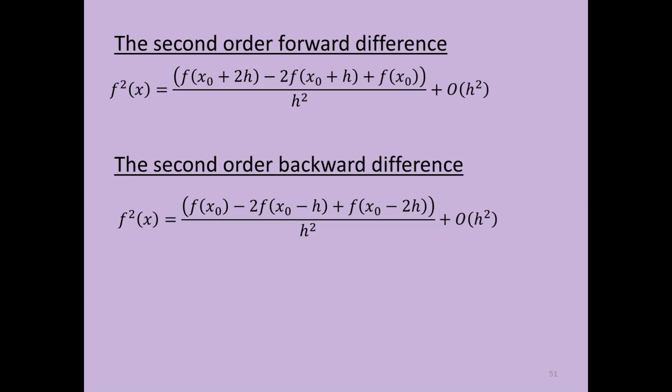In the backward approximation at a location x naught, the other two terms are at x naught minus h and x naught minus twice h, therefore it's a backward difference.